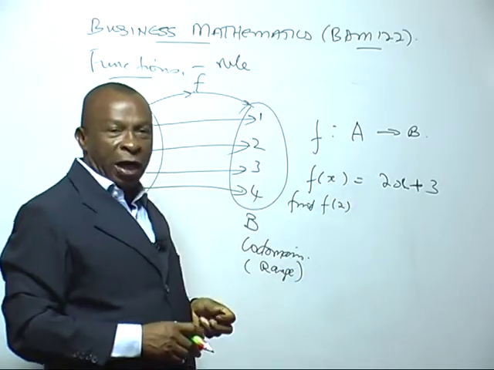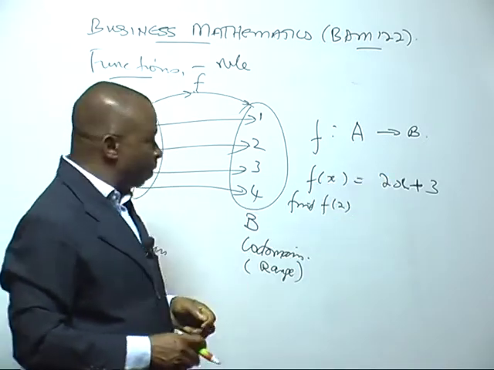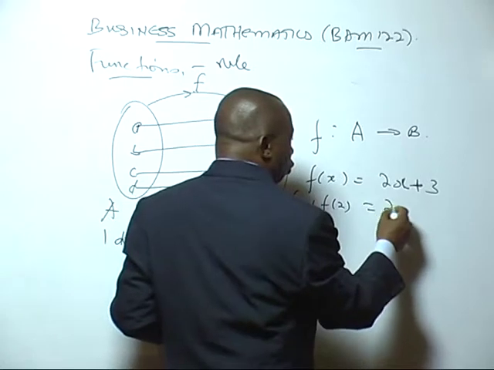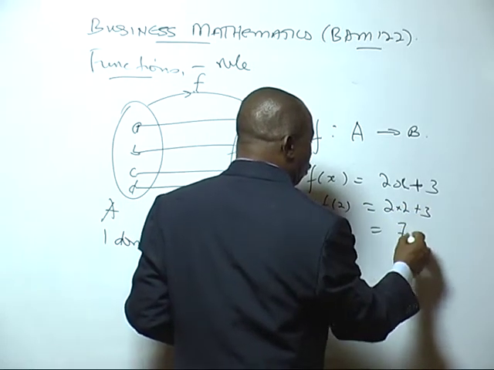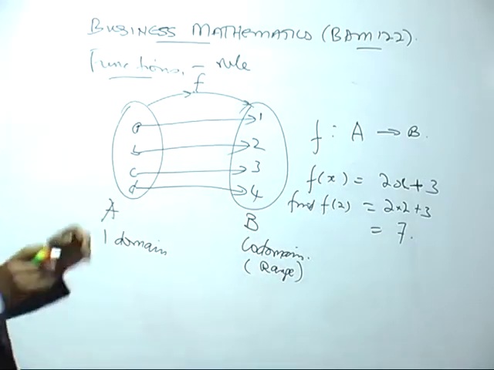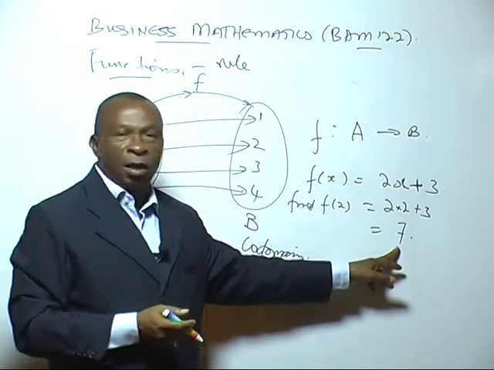So any place we find x, we substitute 2. So this is equal to 2 times 2 plus 3, and that is equal to 7. So that function, when x is 2, gives 7.